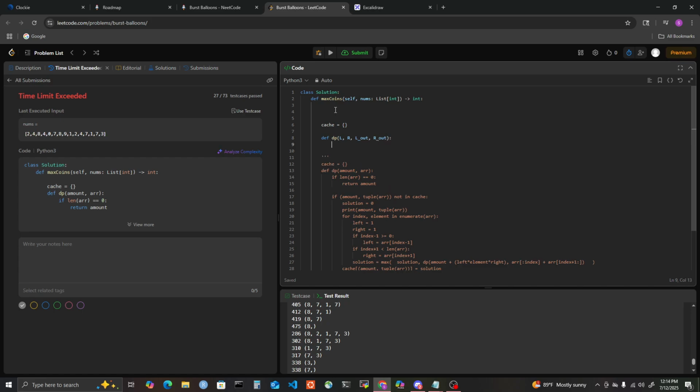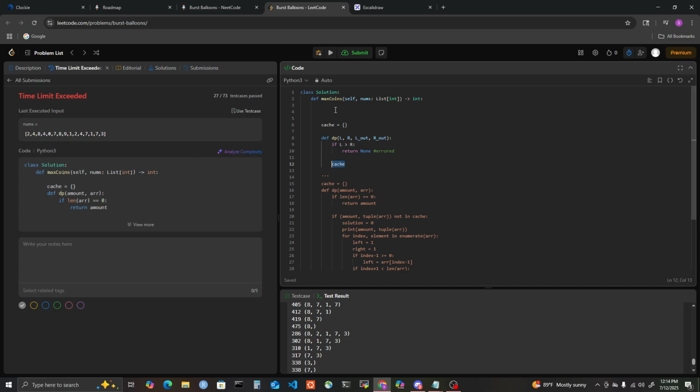Let's see if that is correct. So if left is greater than right, then return, I'm going to say none for now. I'm going to say errored. I just don't know what to do for that yet.